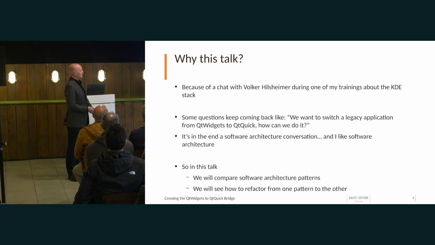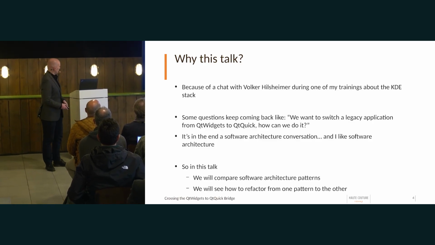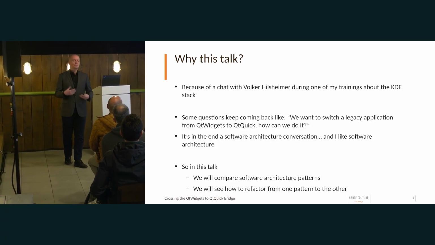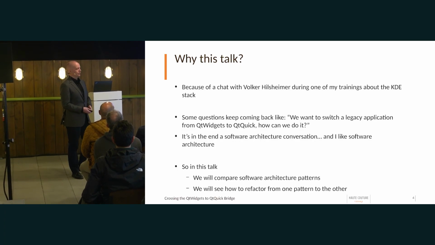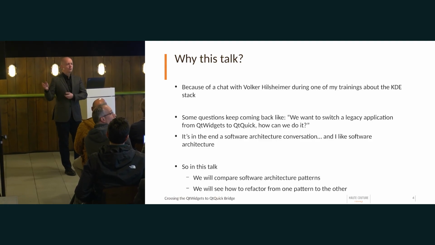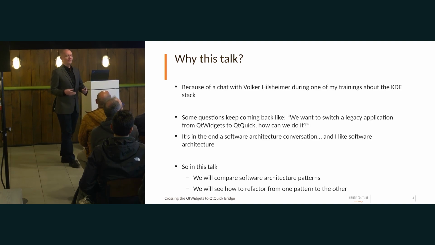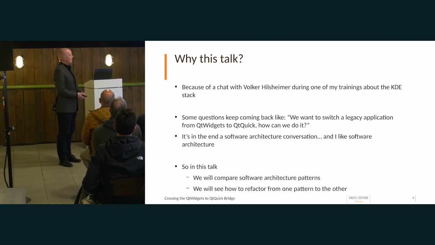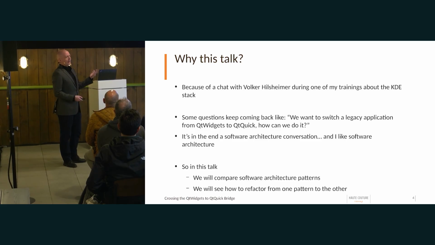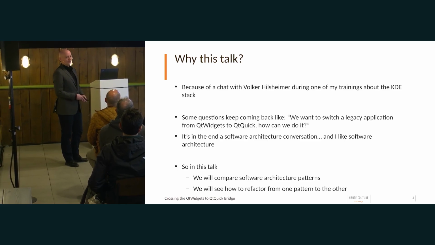The other reason, obviously, is why I wrote those two slides in the first place. It's that there are questions which keep coming back when I see customers, which are, well, we have QtWidgets code and we would want to move to QtQuick, and it's not that easy, okay? So how can we do that? In the end, that's, in my opinion, a software architecture conversation.